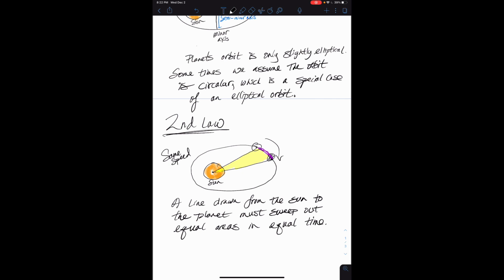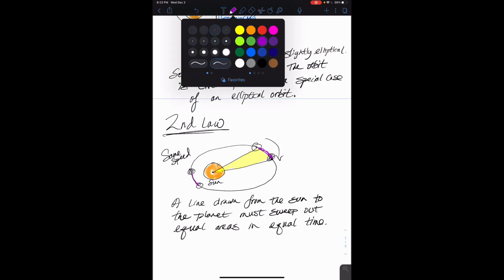We see the planet maybe here, the planet here. Right here are my two points. I'm saying that this purple arc is the same distance. So the planet travels the same distance in the same amount of time because it's traveling the same speed.